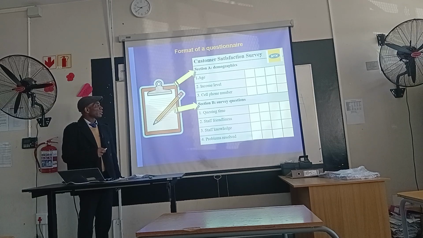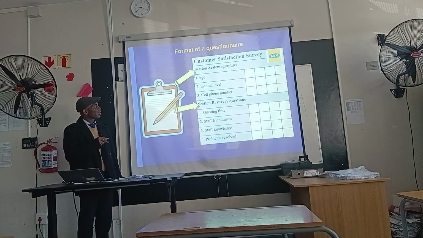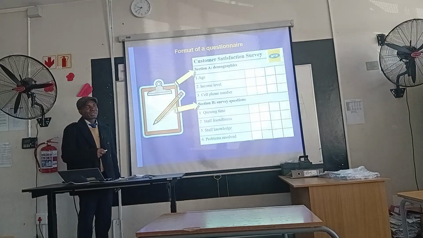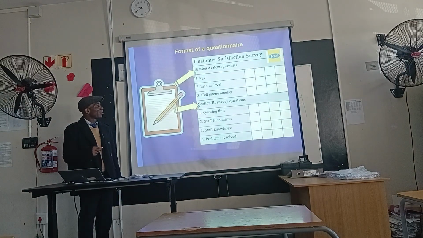Some people don't really like to give some of this stuff, but if you are dealing with a target group of which you don't need all this demographic information in your analysis or in your research, it doesn't necessarily mean you have to add the whole of this stuff, right? It depends on the type of research you are doing, but obviously, in many instances, you have the demographic data.